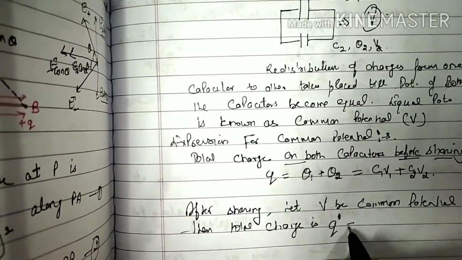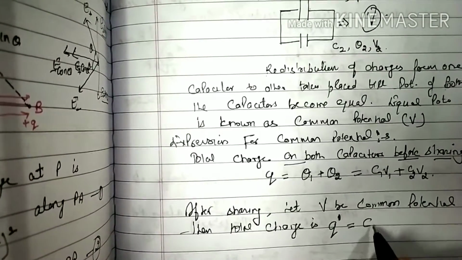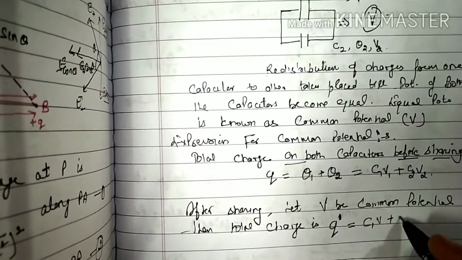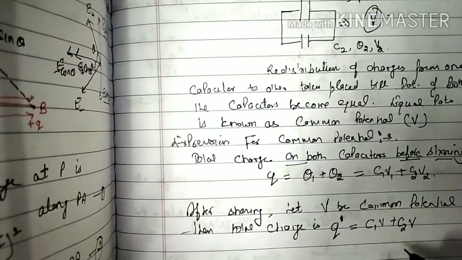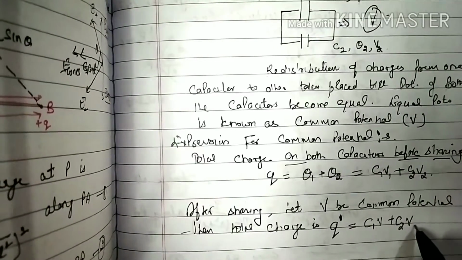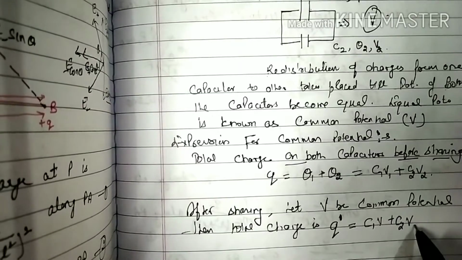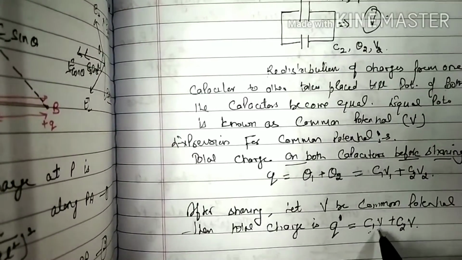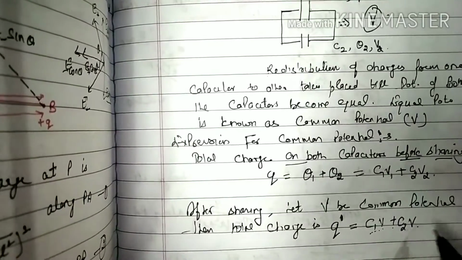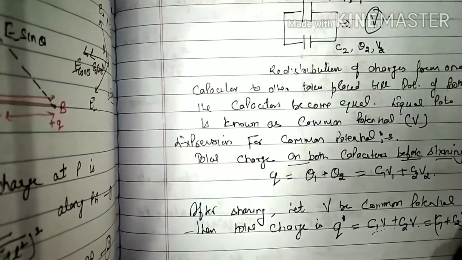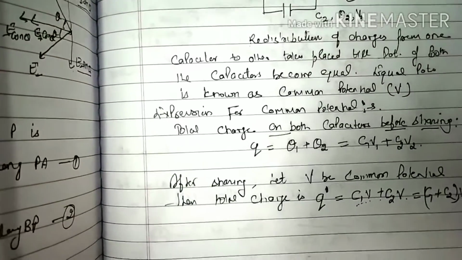Q dash is equal to C1 V plus C2 V, because V is the potential of the first capacitor and V is the potential of the second capacitor. So we can write (C1 plus C2) into V.